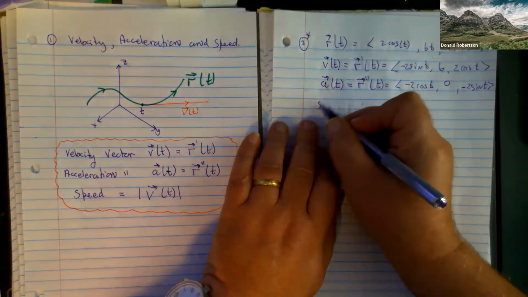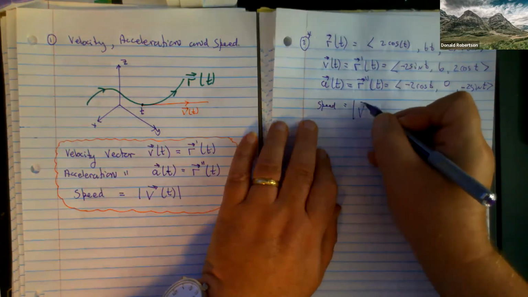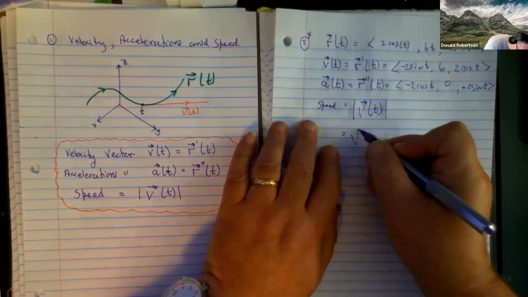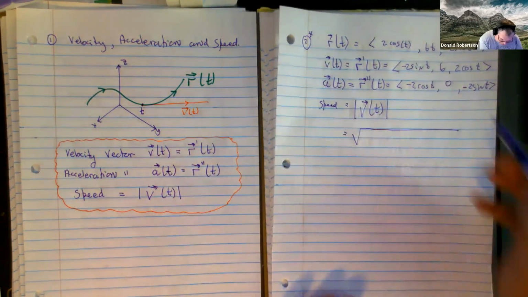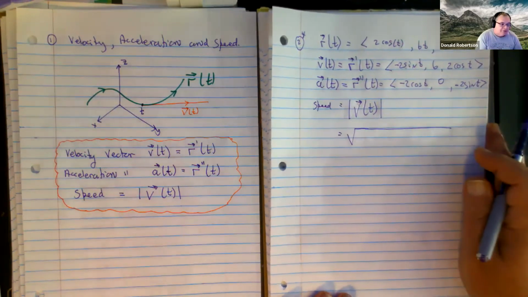And then we can get the speed, which is the magnitude of the velocity vector. So this guy squared, the middle guy squared, and the end guy squared, and that will be us.